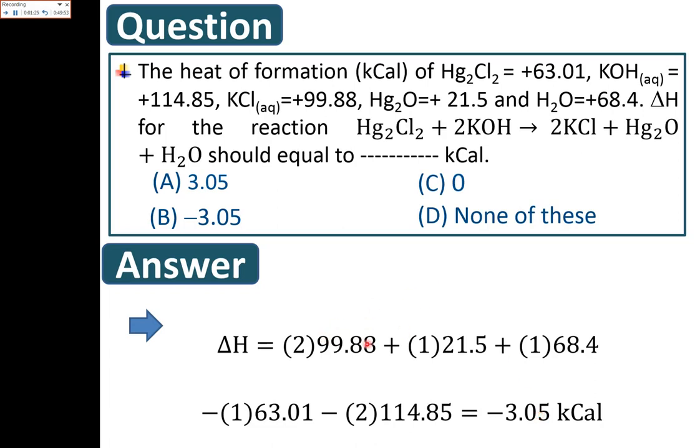Let me inspect the values again. This is for potassium chloride. Yes, correct. How about the mercurous oxide? This is plus. Yes, okay, correct. How about 68.4? This is for water.